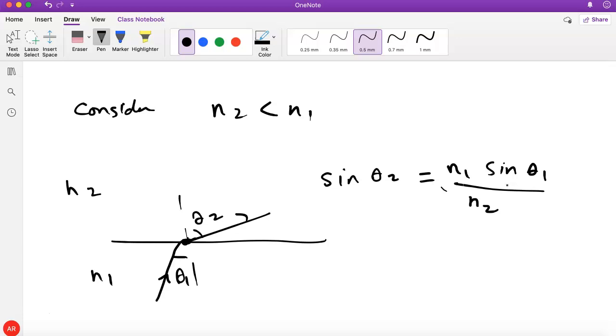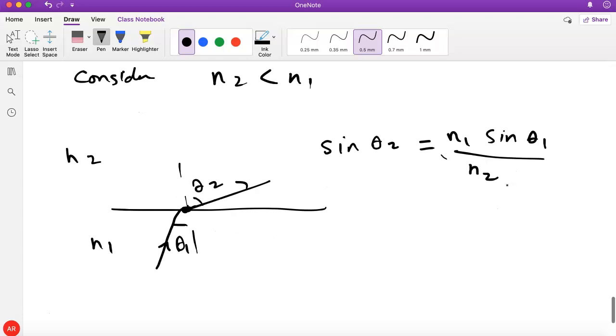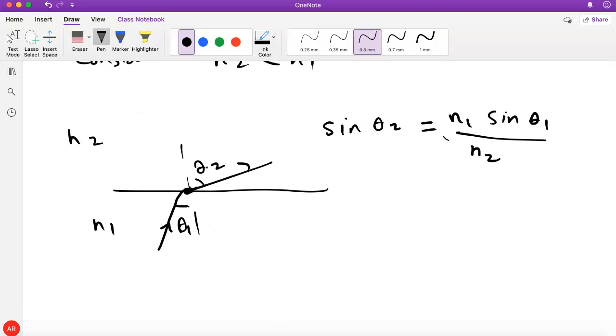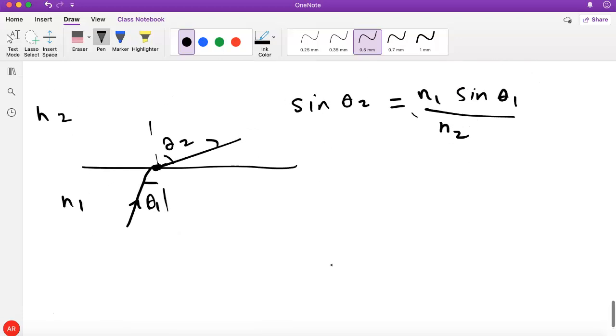So there's some critical angle, right, where theta 2 becomes 90 degrees and its sine is 1. And then if your theta 1 gets larger, then nothing goes through. The entire wave has to get reflected. So let's consider this case.